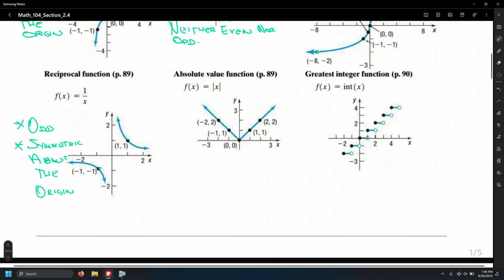It's also a reciprocal function, but instead of f of x equals 1 over x, let me do f of x equals 1 over x squared. All right, the graph of f of x equals 1 over x squared is going to look a lot like the following.